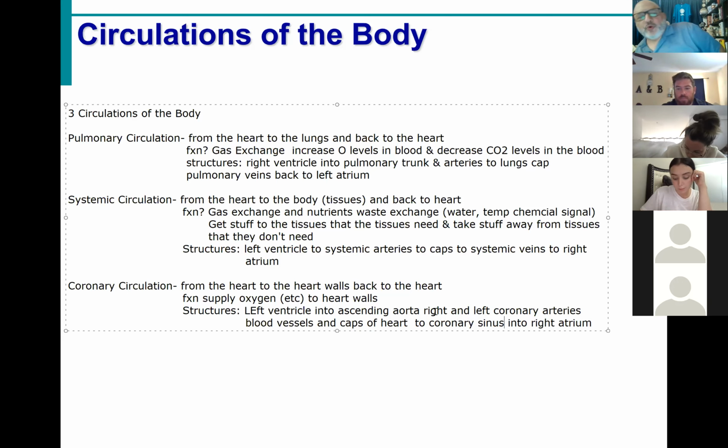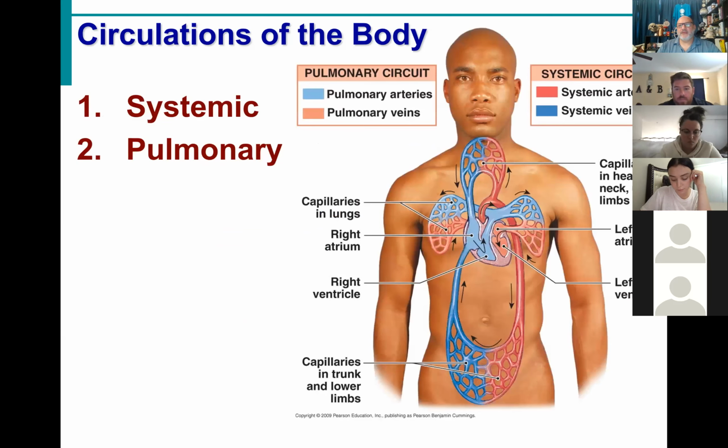We've done this all with the pretty words, but let's take a look at the pretty pictures that help us to understand this. Here we see one of the pretty pictures that does a good job of showing us two of our circulations. Notice here is the systemic out from the left ventricle into the ascending aorta and throughout all of the body.